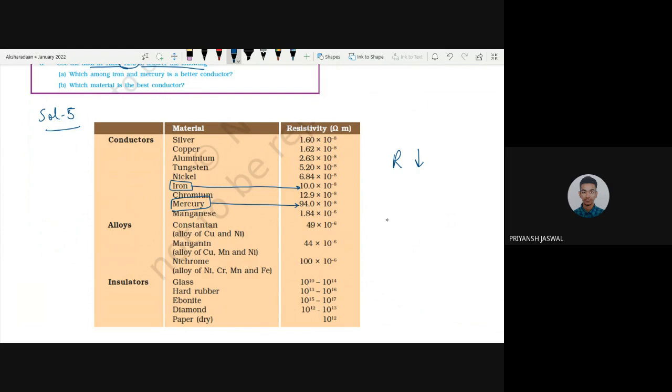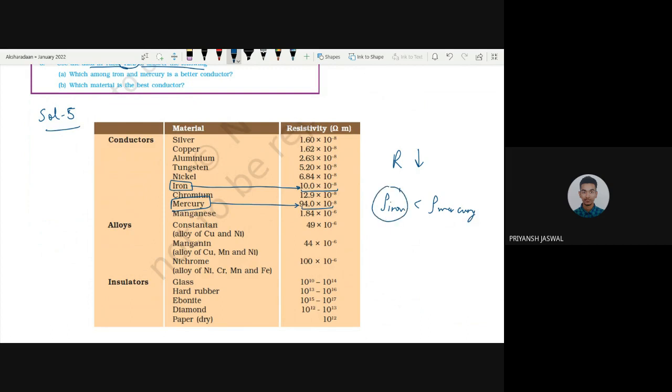So iron has a resistivity of 10 into 10 to power minus 10 and mercury has 94 into 10 to power minus 8. So resistivity of iron is less than resistivity of mercury.